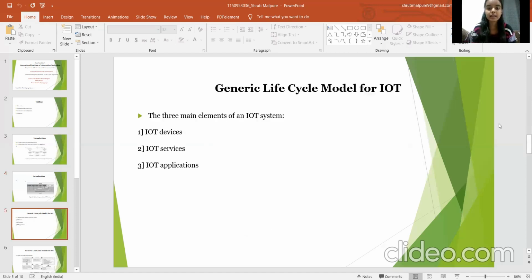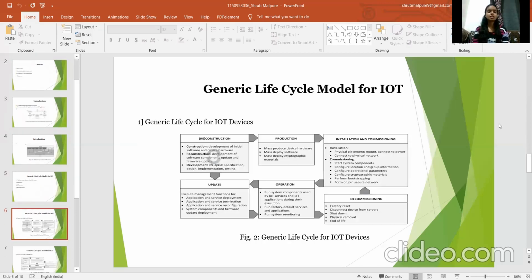The second slide is the generic lifecycle model for the IoT. There are three main elements in an IoT system. First one is IoT device, second is IoT service, and third one is IoT application. The generic life cycle for IoT represents the stages the above elements go through from construction to destruction.